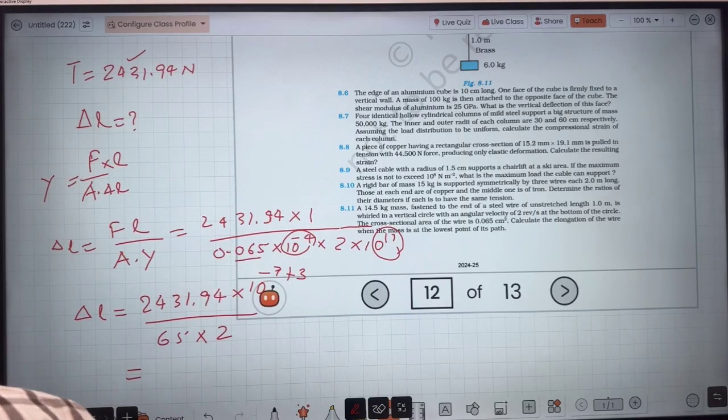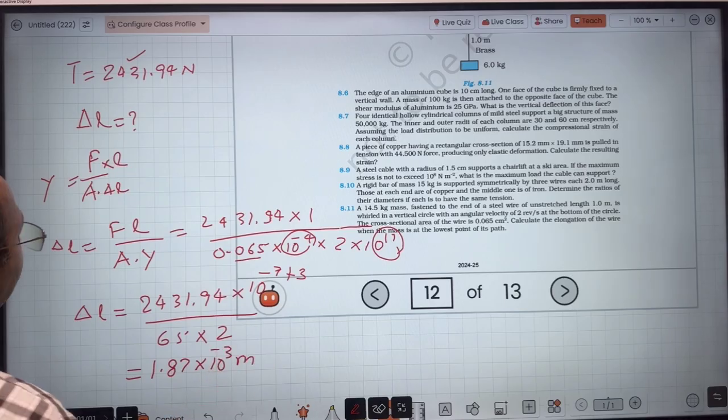Take 1 minute to get the answer. This will come out to be 1.87 into 10 to the power minus 3 meters. I think you have understood the process. There is nothing tough. Only the calculation is there that you can do.